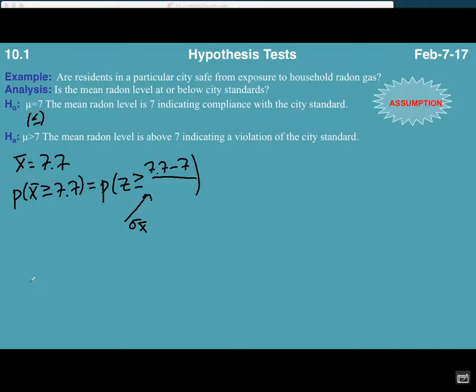I want the standard deviation of the sampling distribution. It's in the formula for the mean.